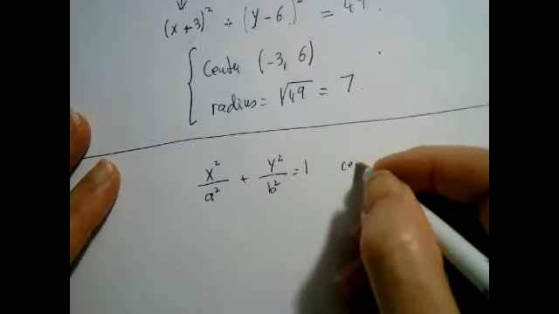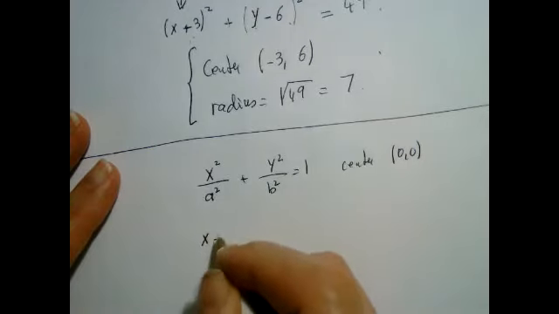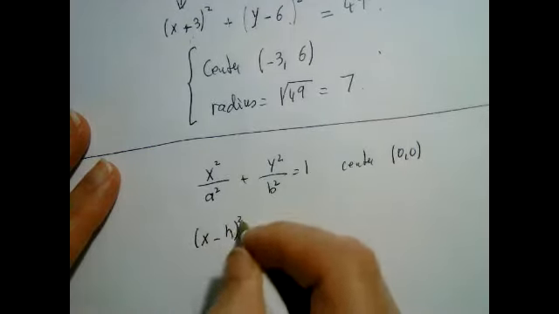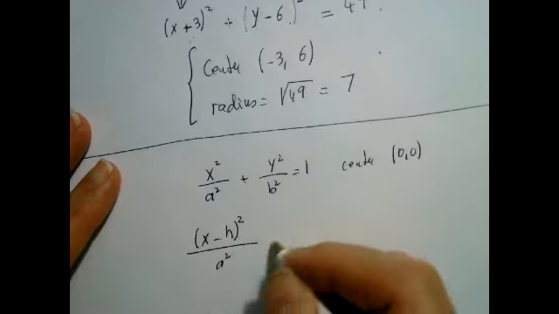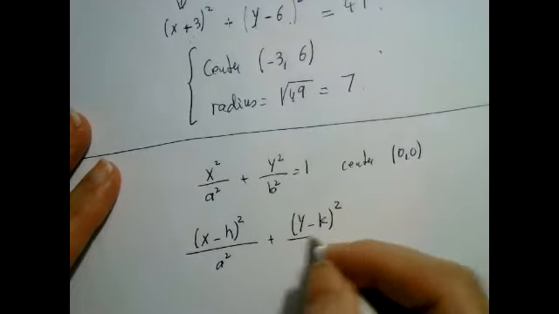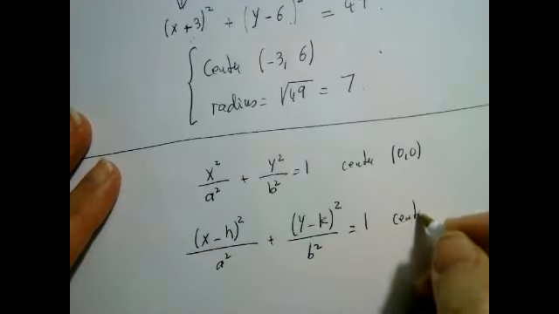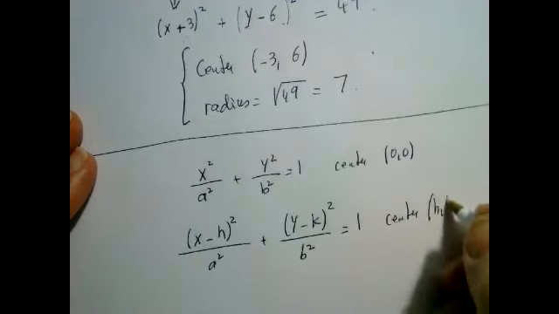This is when the center is at 0. And if you want the center to be at (h, k), it's the same thing, but instead of x, I put x minus h, and this will make the center at (h, k).